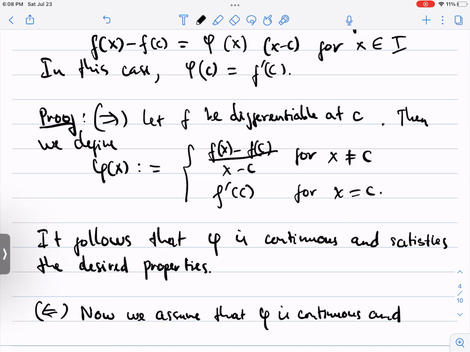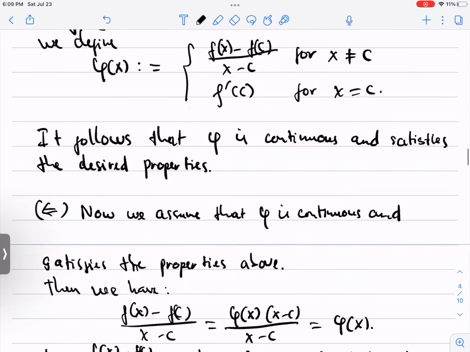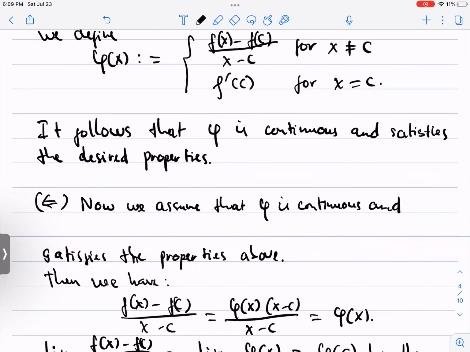By what we discussed in a previous section, if the limit of the function exists, we can extend the function in a continuous way, and it applies to this situation. That's why phi is continuous and satisfies the desired property.